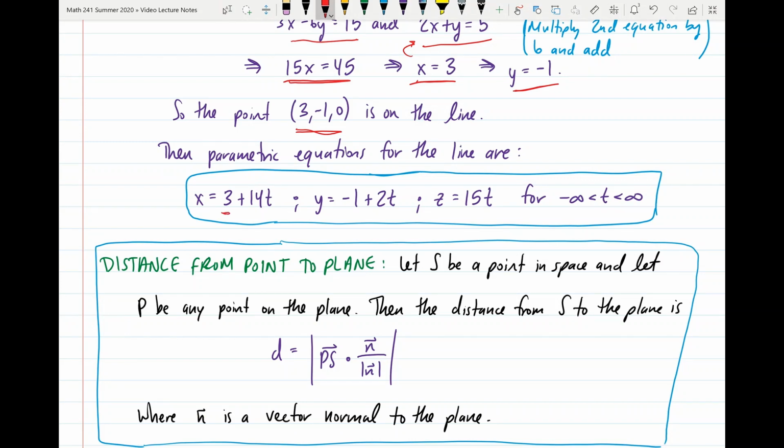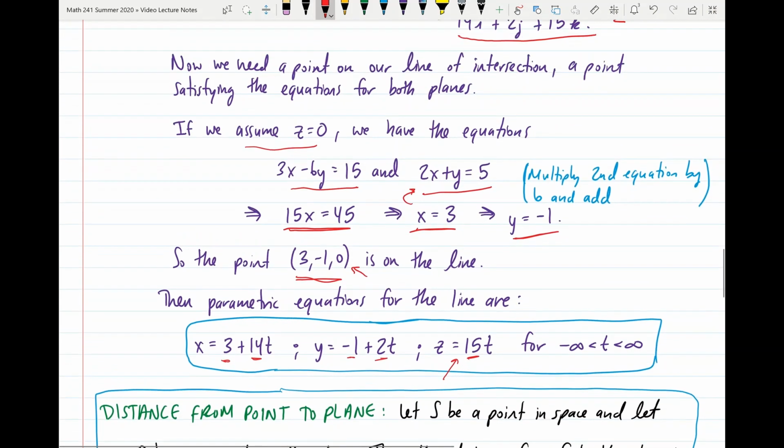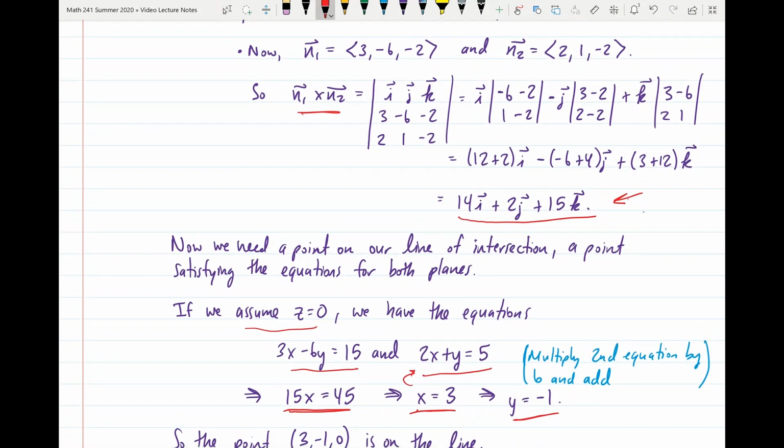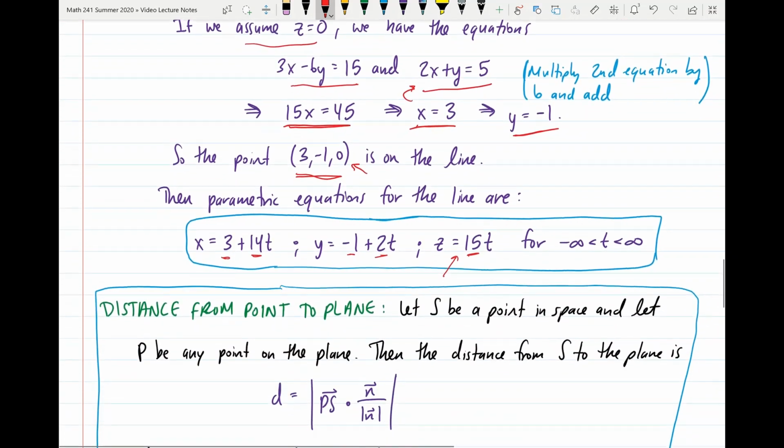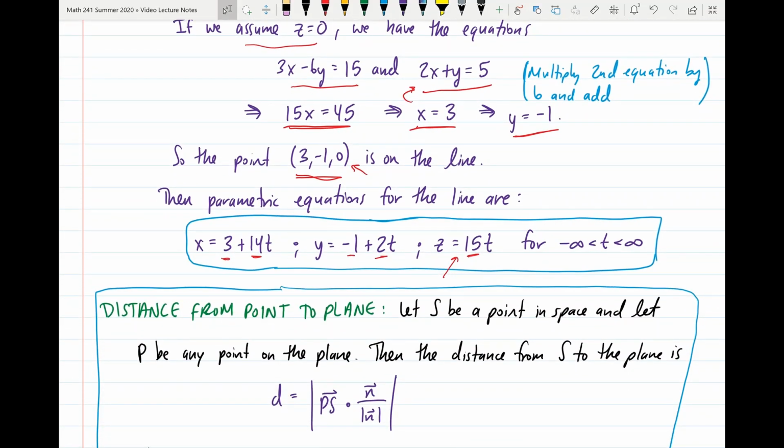The 3, -1, and the 0 that isn't written for z but would go right there are taken from our point that lies on the line, and the coefficients for t, the 14, 2, and 15, are taken from the vector that we calculated, that we know is parallel to our line of intersection. Ultimately we end up with the parametric equations x = 3 + 14t, y = -1 + 2t, and z = 15t, where t ranges from negative infinity to infinity.